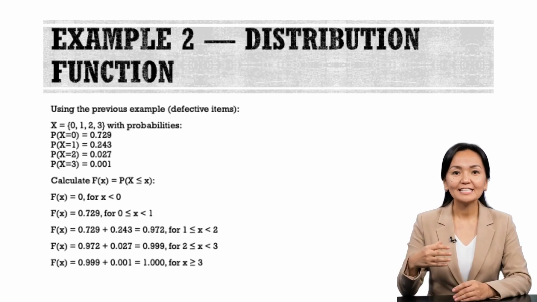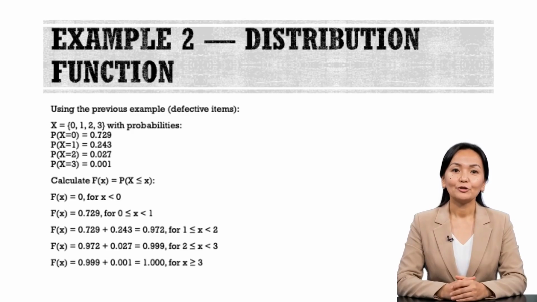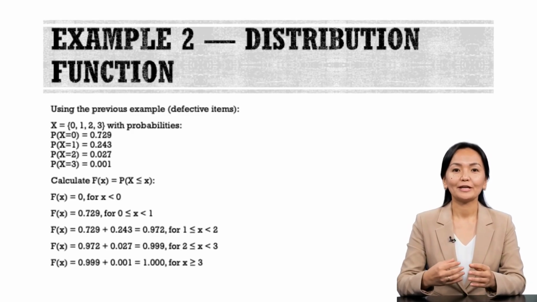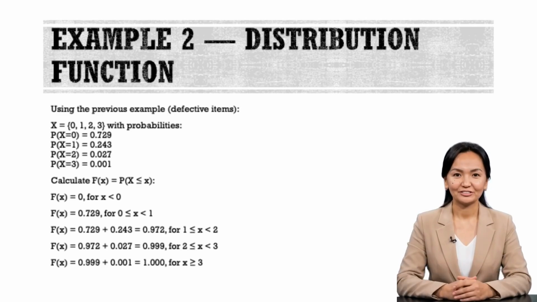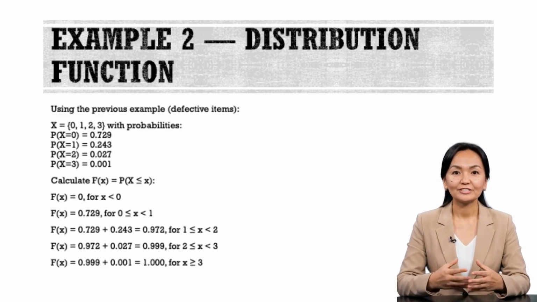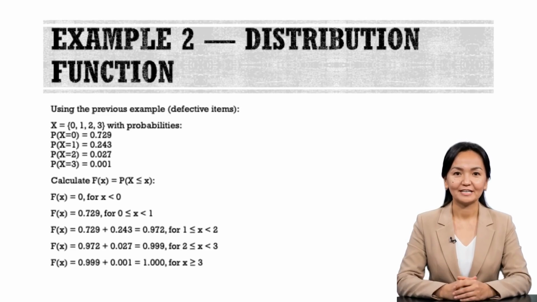Using the same defective items example, let's calculate the distribution function F(x). We have values 0, 1, 2, and 3 with probabilities 0.729, 0.243, 0.027, and 0.001. For x less than 0, F(x) equals 0. For x between 0 and 1, F(x) equals 0.729.